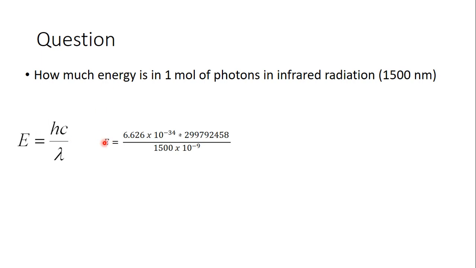So my energy equals Planck's constant times the speed of light, and make sure your units all work out, divided by wavelength. Note that I converted these to meters so my units would work out. I solve that, and I get an energy of 79.7 kilojoules.